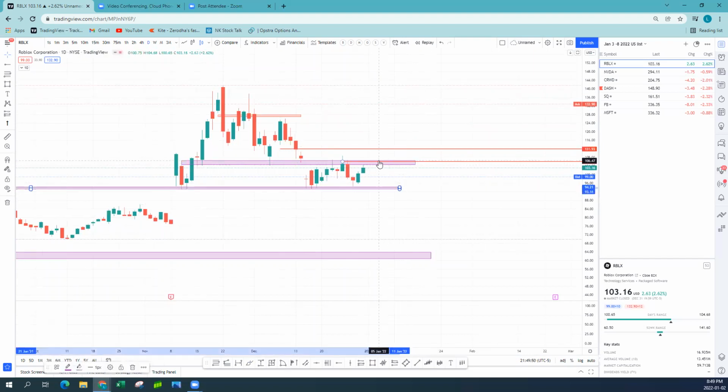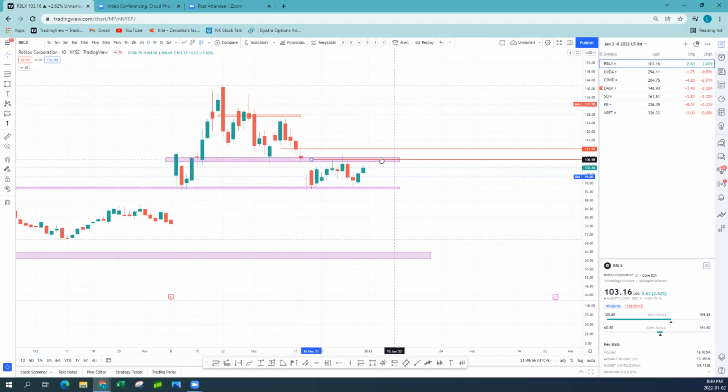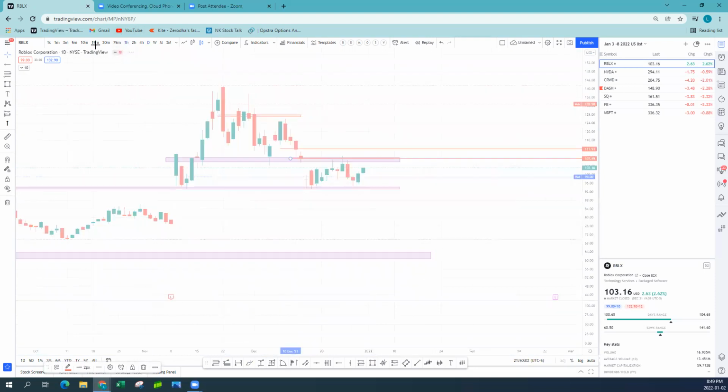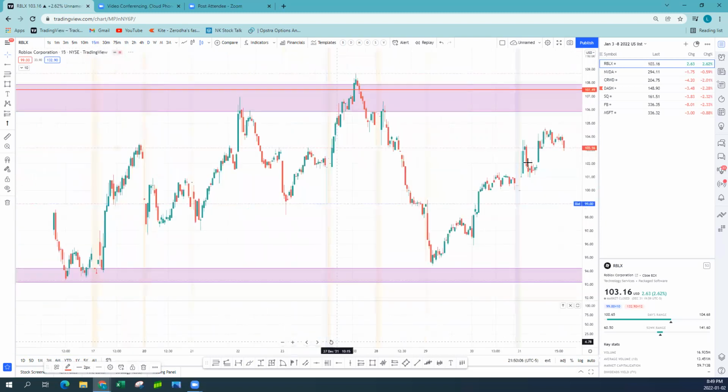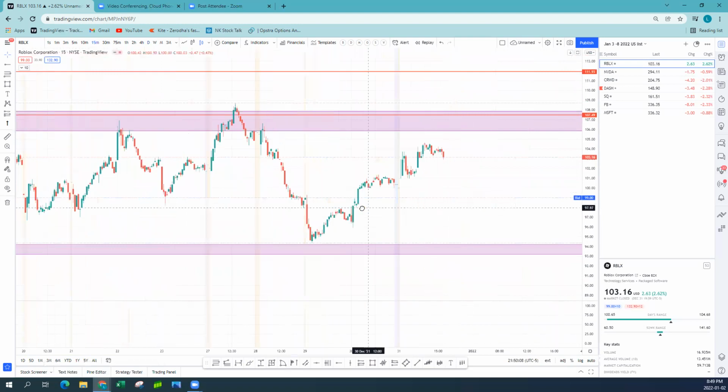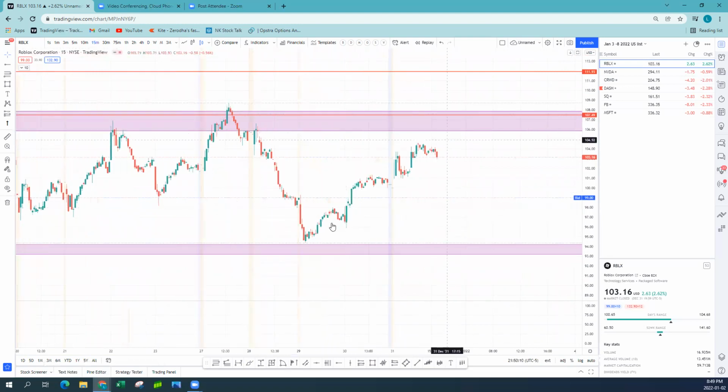But for me, I would like to go for put opportunities for this one around this area. It has already been tested twice. So let's see if it comes to this area, and if on a 15 minutes time frame it gives a negative candle, then we can go for a short opportunity, because it was going up and it came down to the 94 area.